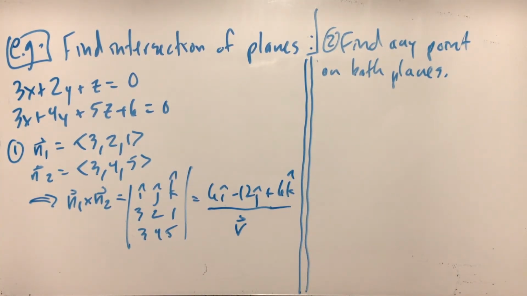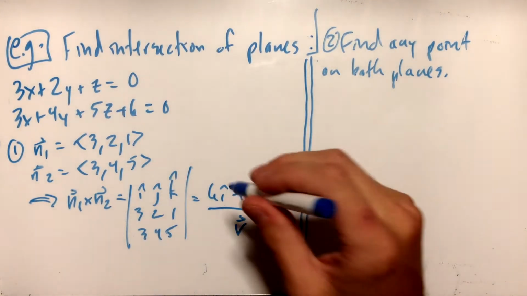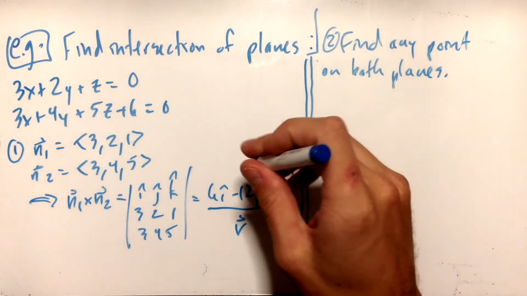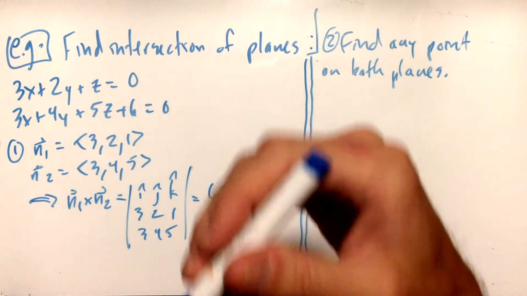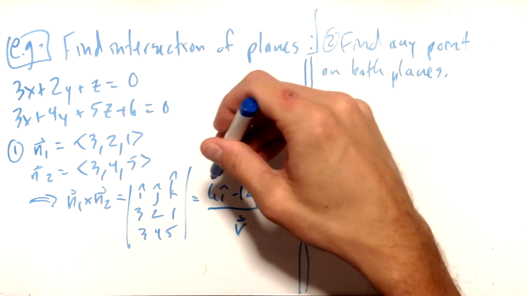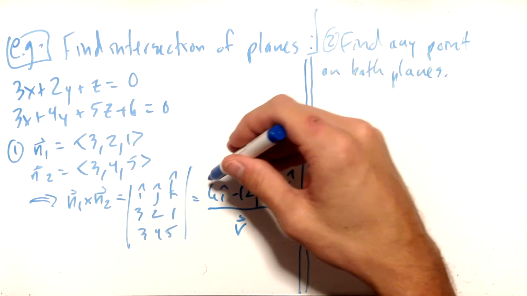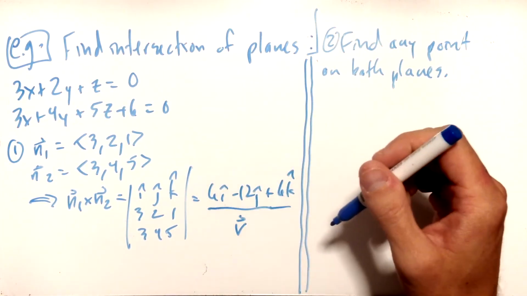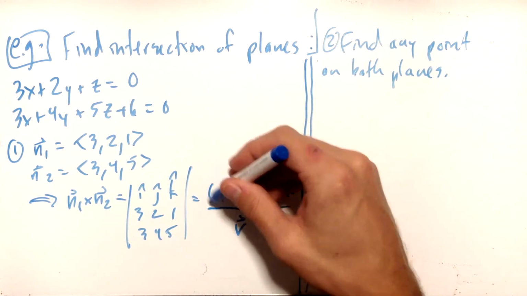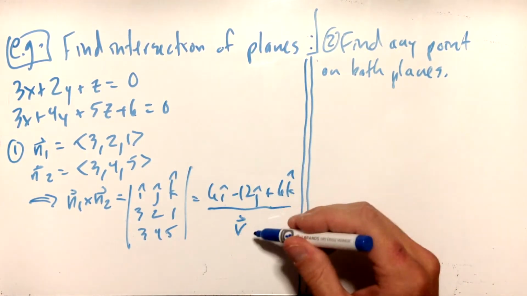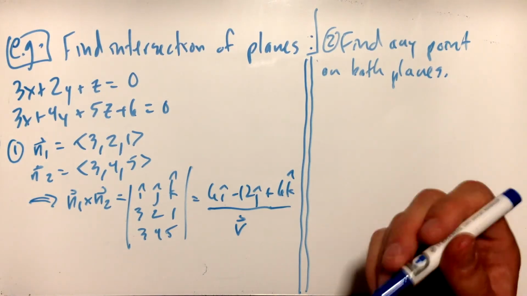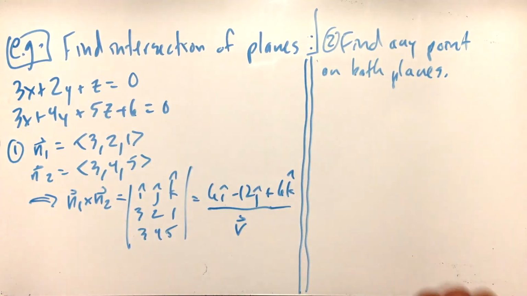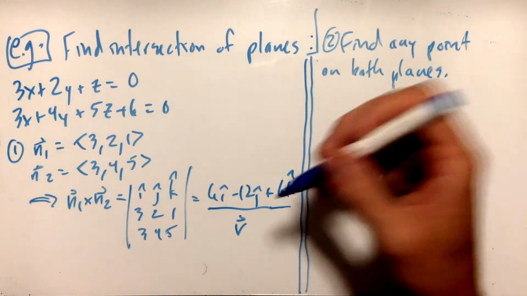So now we need to find any point that lies on both planes. What we can do here is note that so long as the component of i in the vector v is non-zero, then we can conclude that at some point x must be equal to 0 on this line because it's non-constant.